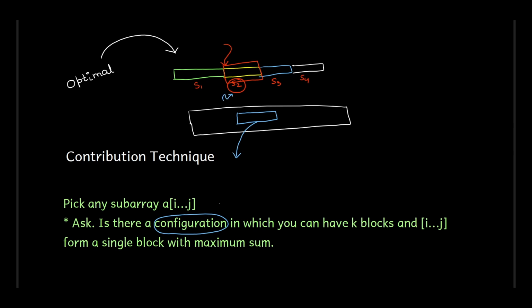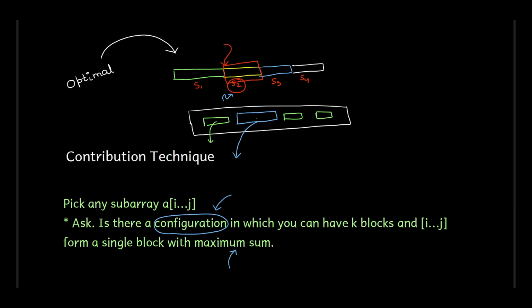So we are interested in a possible configuration as well as this block has to lead that round. Suppose there is a configuration in which this block is feasible, like suppose you have this and this, then it is possible that this block has the maximum sum.